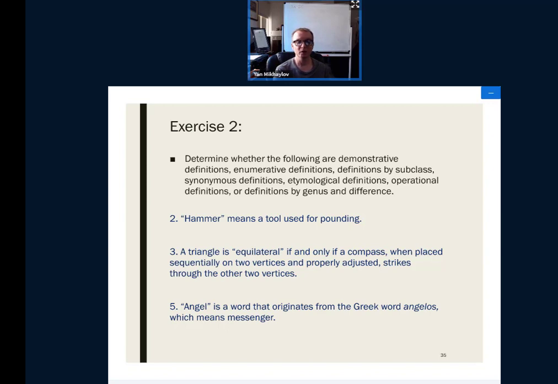Now again, to note that Christian, I did say he gave the correct answers, but not in the correct order. He starts with operational, then genus and difference. And I said that you don't have to put numbers, but they have to be in the correct order. Otherwise, I think that you got it wrong. Order is important, right? So in this case, I cannot count it.